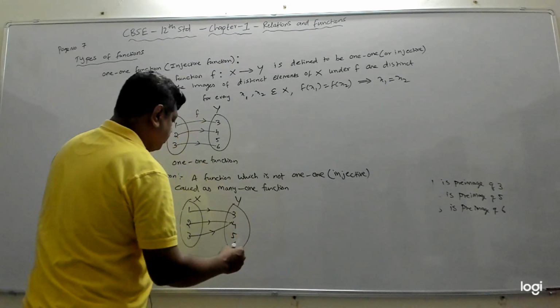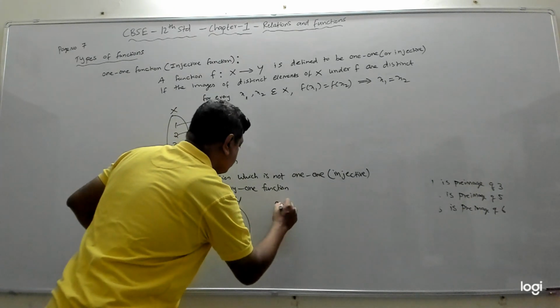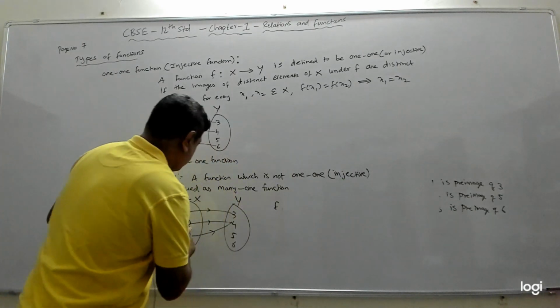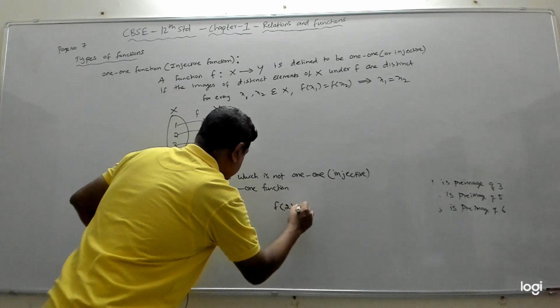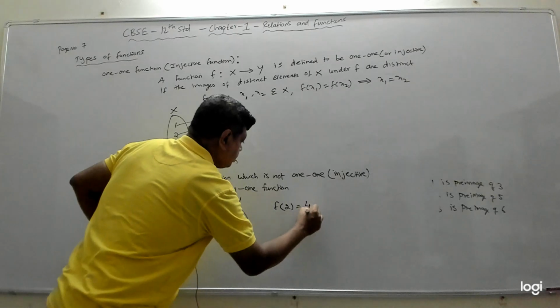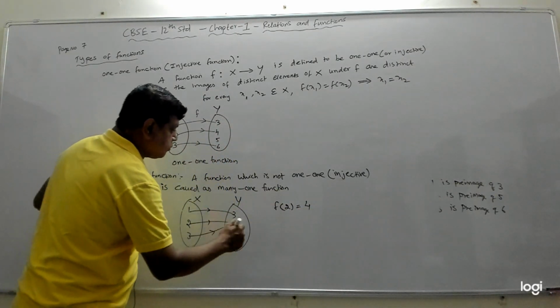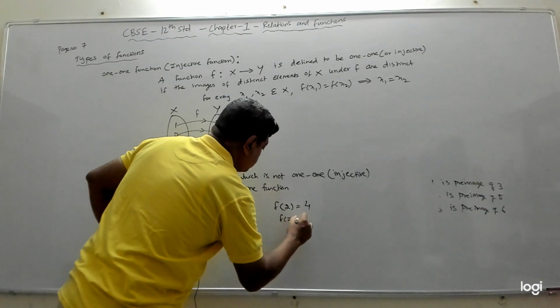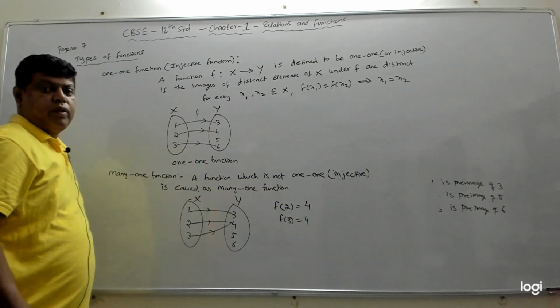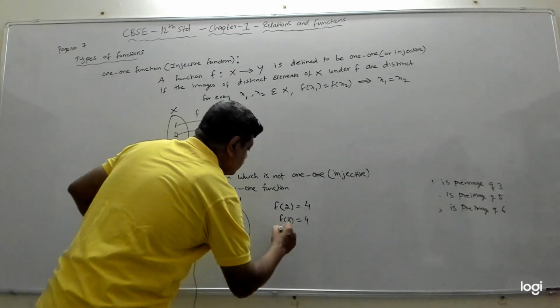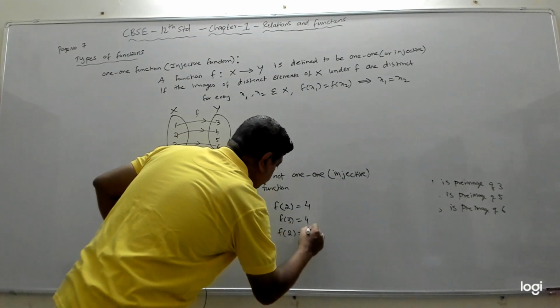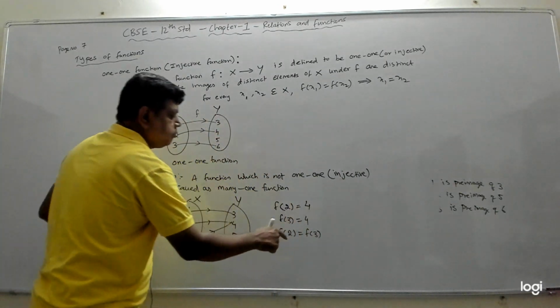The other way to say this is f of 2 is 4. This is another way to represent the function. f of 2 is 4 and f of 3 is also 4, which means f of 2 equals f of 3 because both are 4.